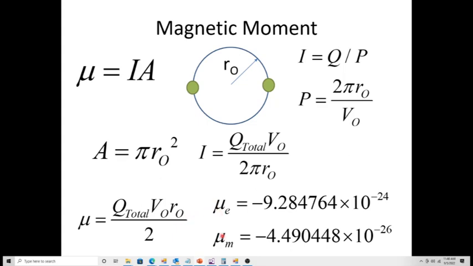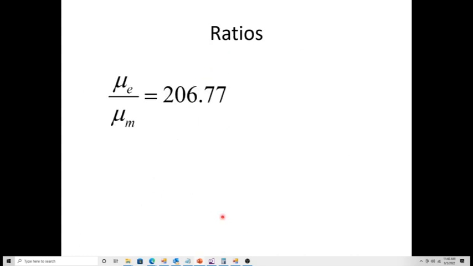Well, let's take the ratio of the muon magnetic moment to the electron magnetic moment, or the other way around. The electron magnetic moment is 206.77 times larger than the magnetic moment of the muon. Remember I said they're proportional to size. Well, here's your radius. There it is, hook, line, and sinker. How about them apples? So the muon is a smaller particle.